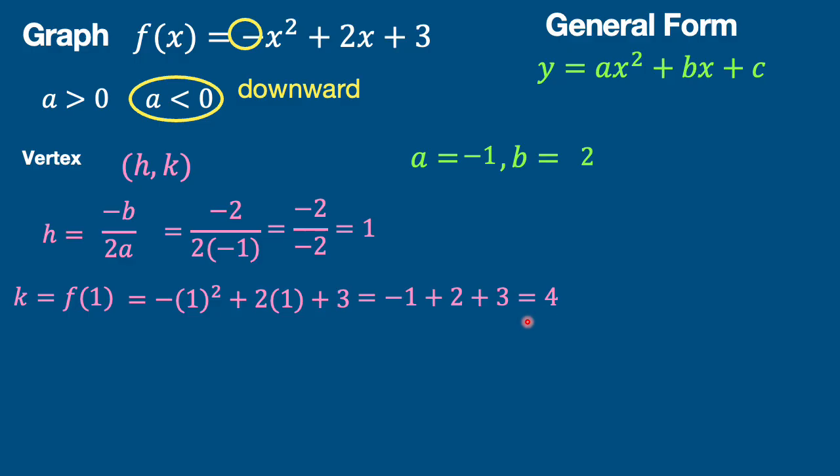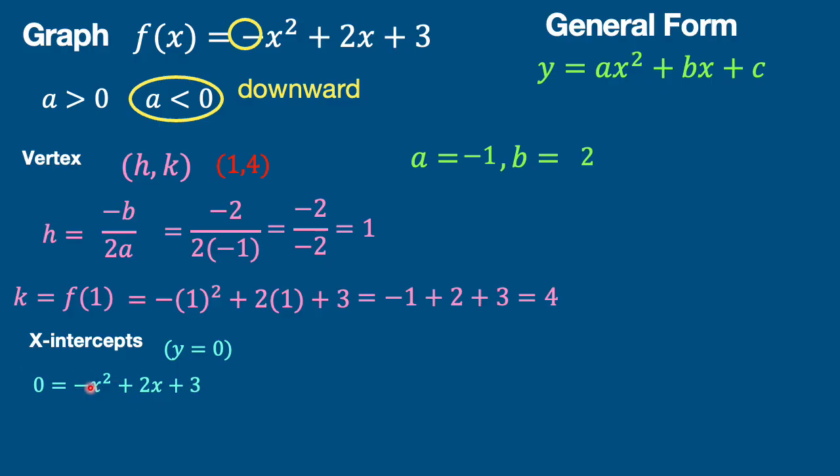Minus 1 is 4. Now we find the vertex: 1 and 4. Guys, make sense? Let's do the x-intercept. For the x-intercept, y equals 0. Let's set 0 equal to negative x squared plus 2x plus 3. Leading coefficient is negative, so I'm gonna move it to the left side.